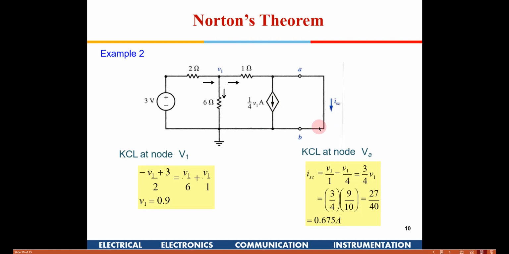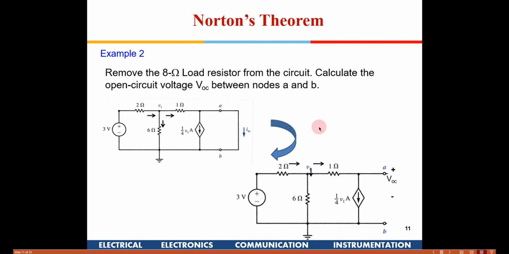is all the same. So instead of finding out the Norton resistance, in certain circuits it might be simpler to find out the open circuit voltage also, or the Thevenin voltage. So we will try and find out the Thevenin voltage here. So we have removed these nodes here, and we have represented this as VOC out here, right?